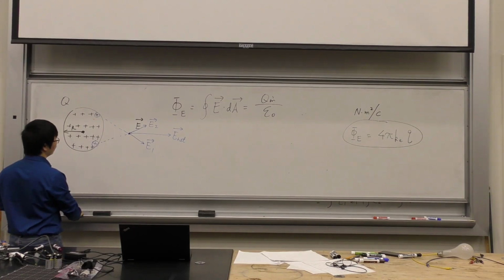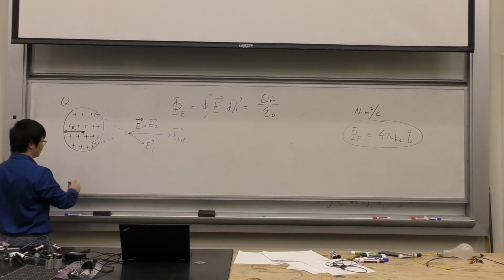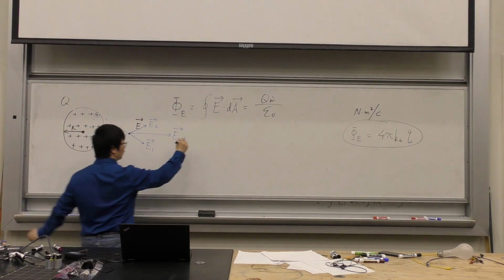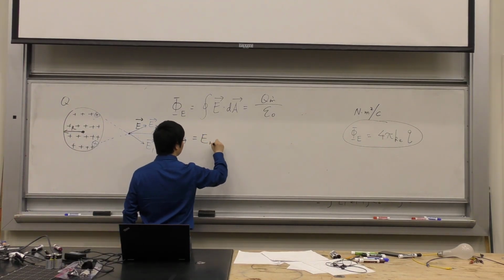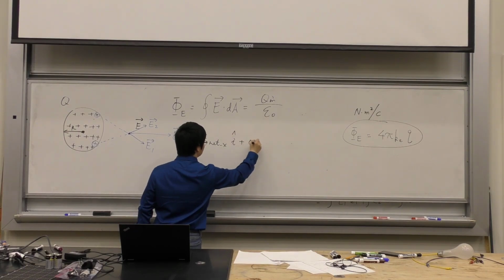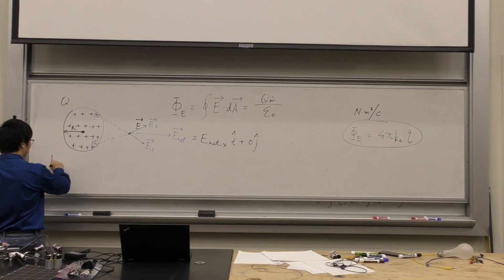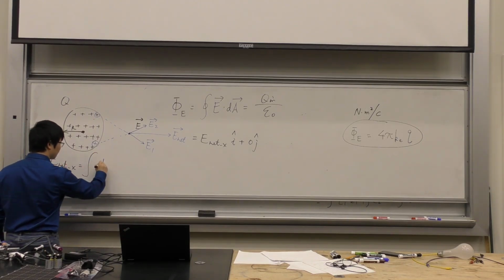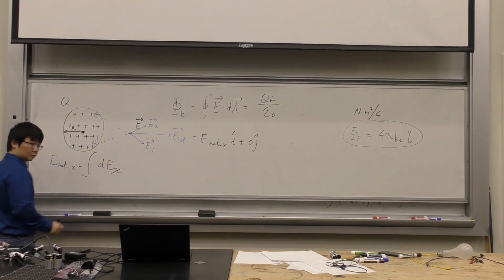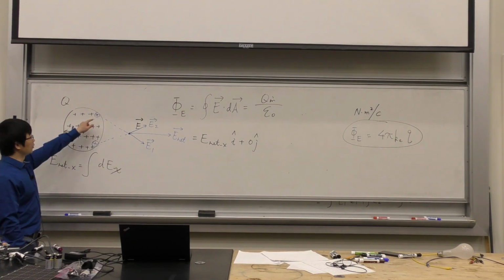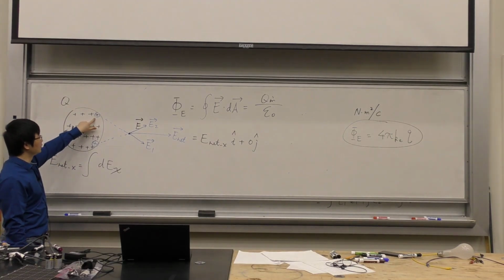So I only need to worry about the X direction. So the net electric field is only going to have an X component, right? It doesn't have any Y component in this problem. So how do I find this net electric field's X component? Well, I will integrate this X component of dE. So you're going to call every single one dQ.